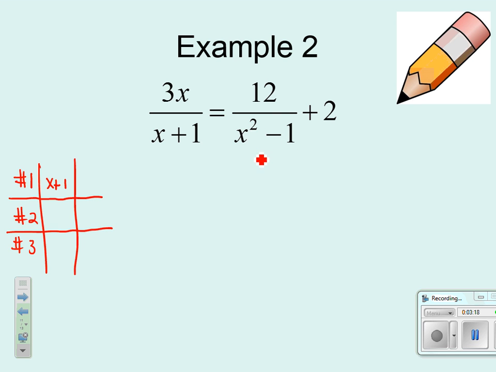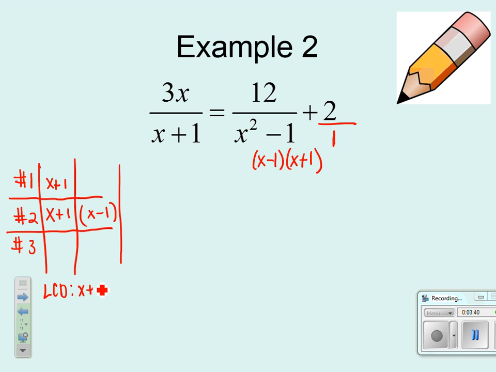X squared minus 1, well that factors into x minus 1 and x plus 1. So x plus 1 goes here, x minus 1 goes there, and then that's 2 over 1. So for number 3, it's a 1. Do I need to write a 1 there? No, I don't. So what is the lowest common denominator? X plus 1, x minus 1.